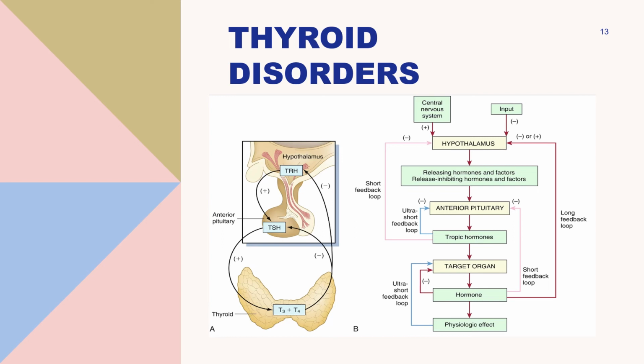On the other end, if the TSH is low, then the patient has, it's the opposite, hyperthyroidism. The TSH is low because the anterior pituitary gland does not need to produce TSH because for some reason the thyroid is just cranking out tons and tons of T3 and T4. So the TSH is going to be very, very low.